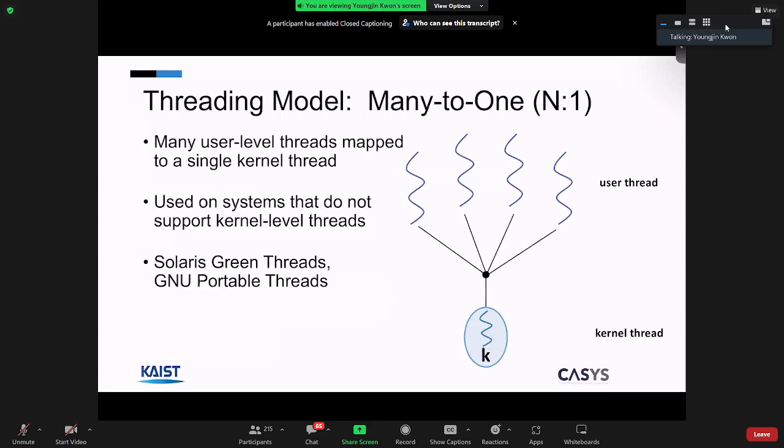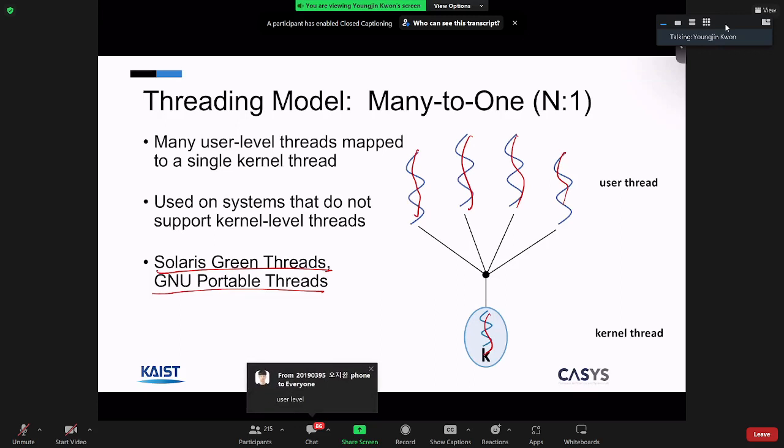The other one is the many-to-one model. There are many user-level threads and a single kernel-level thread. Solaris green threads and GNU portable threads use this one. So again, this is the many-to-one model, a user-level thread implementation.